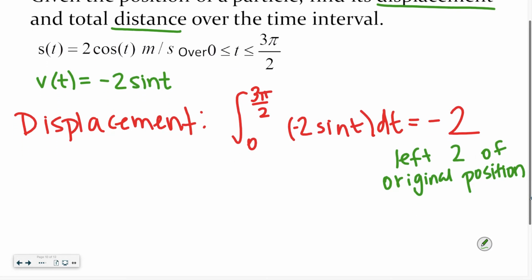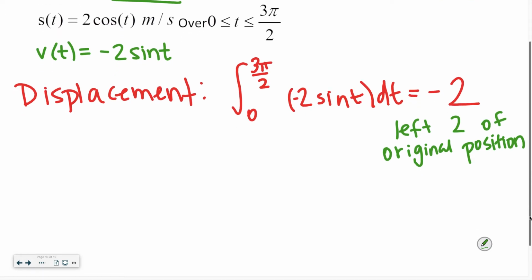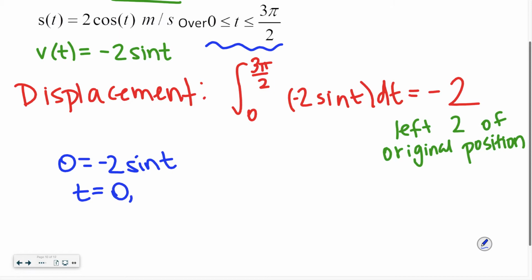Now, in order for distance, we do need to know where our velocity is 0. I understand that the sine of t is equal to 0 multiple times, but what we need to be concerned about is between 0 and 3 pi over 2, when is the sine equal to 0? 0 and pi.